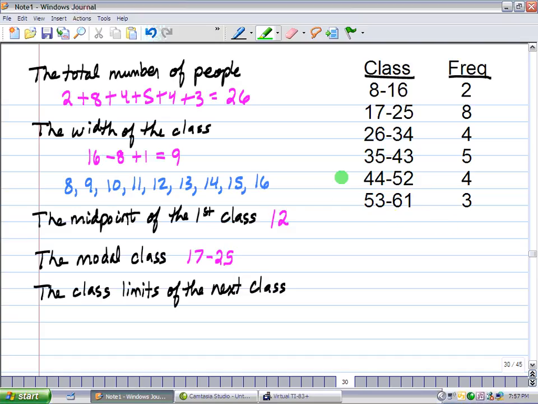I could look at each of these numbers and add 8, but I can't have the same number in a class. So the next one would have to begin with 62, and I would have to add 8 to it, so that it would also have 9 members. So there are actually 9 members in the class that is 62 to 70.